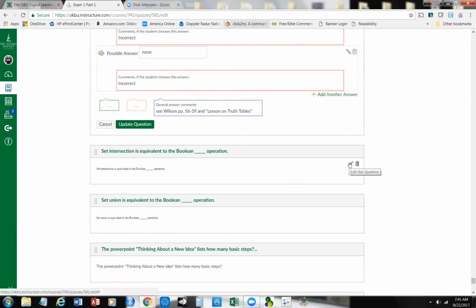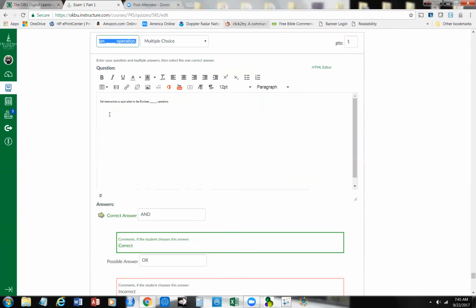Now, there's another one. And again, you had a sample exam to work with that had many of these types of questions. And I think most of you took that to heart because the scores were far better than what I thought they'd be when I looked at it this morning. Set intersection is equivalent to the Boolean what operation? The Boolean and. Okay?